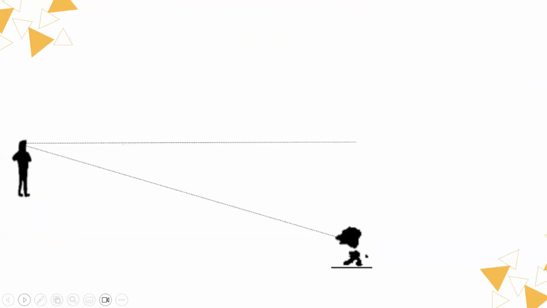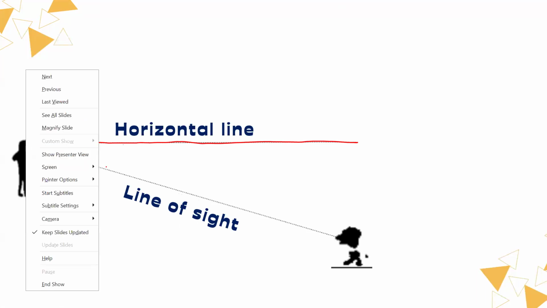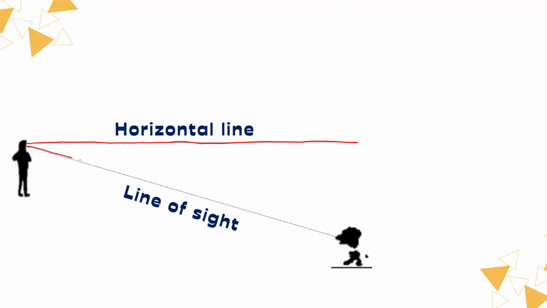On the other hand, if you are bowing your head to look at something below you, we consider the horizontal line still, the line that's horizontal with respect to your eyes, and then your line of sight would still be the line connecting your eyes and the object that you are looking at.